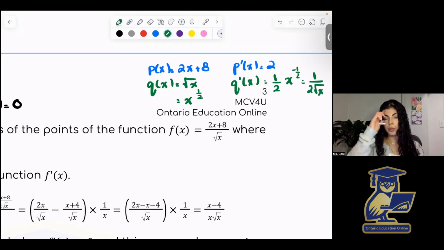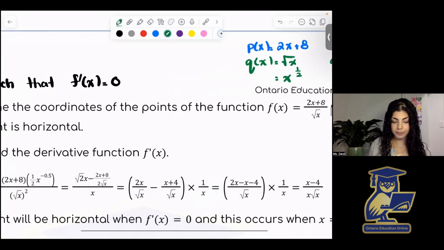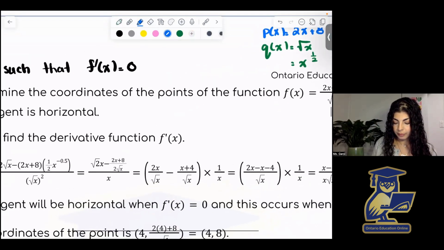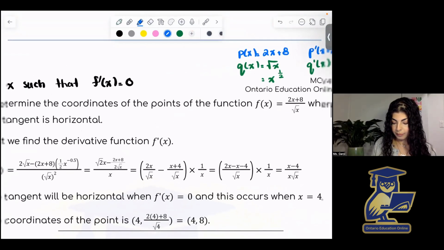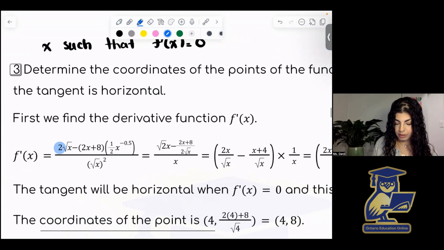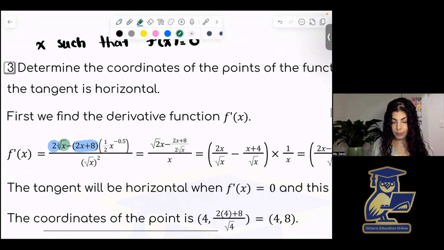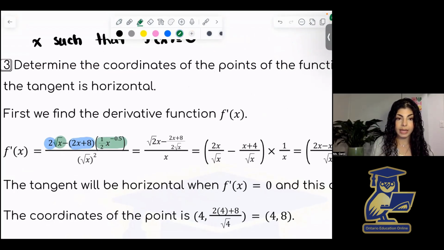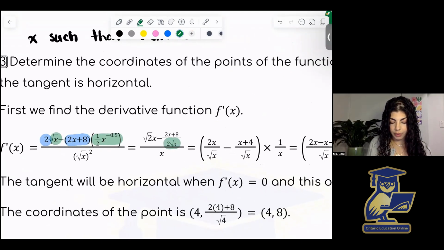Okay, and so those are what I'm going to be using over here. So this is my 2, this is my 2x plus 8, and this is just q of x. And again, the negative 0.5 is just negative half, and that's what we are seeing over here.